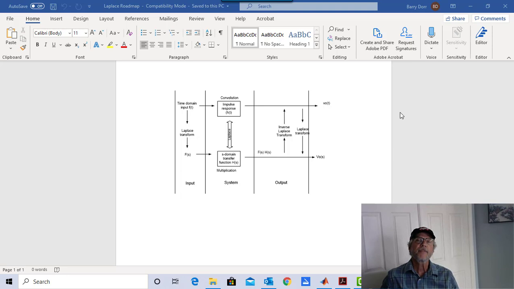And in this lecture, just like in the last lecture and just like in the next couple of lectures on Laplace transforms, we're going to use the Laplace transform roadmap graphic that I came up with that I really like using in my classes. You might remember in our last lecture, we took a whole bunch of Laplace transforms. We went from the time domain to the frequency domain.